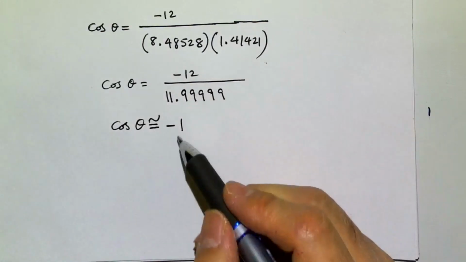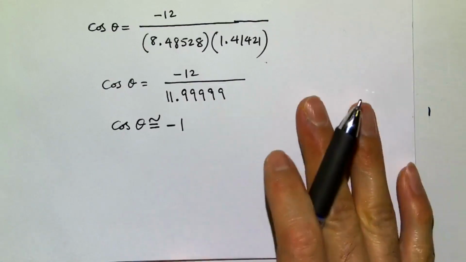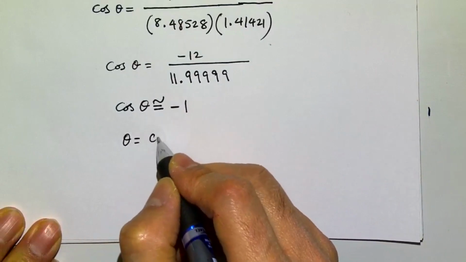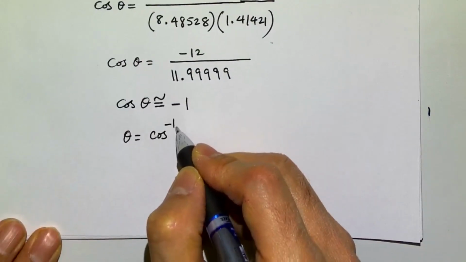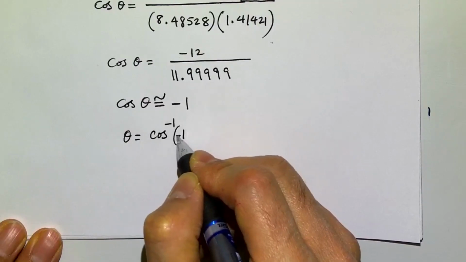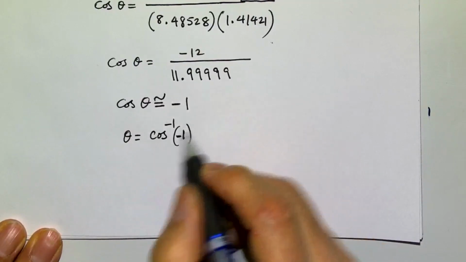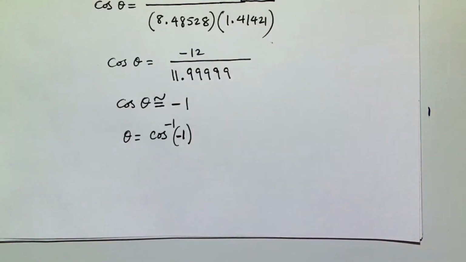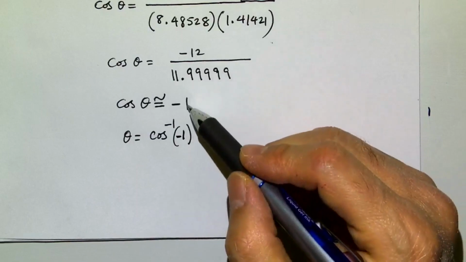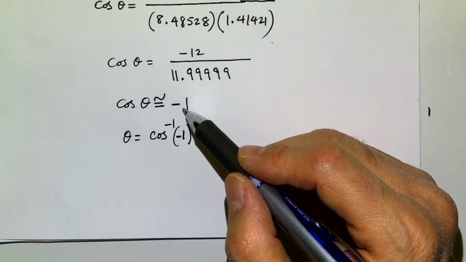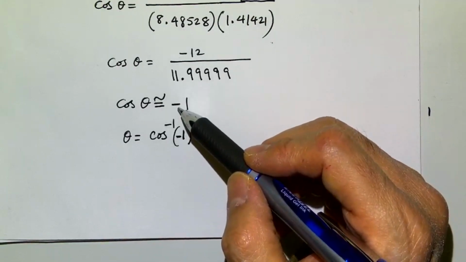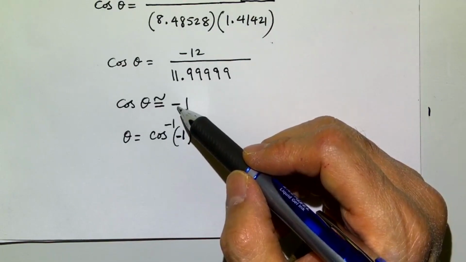Now this is an easy angle. If you want, you can write theta is equal to inverse cosine of negative 1, and then ask, what angle has a cosine of negative 1? It's pi, or 180 degrees. But this is an easy number, and you don't even have to calculate this. You'll probably remember it from the special trigonometric values table.